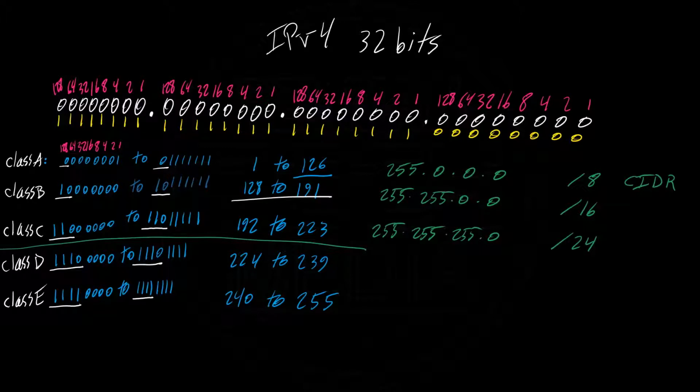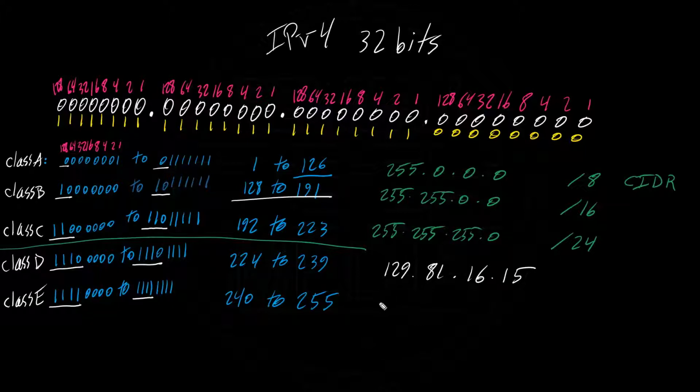Okay, let's have a couple more examples. Let's say this time we use, for example, 129.81.16.15.